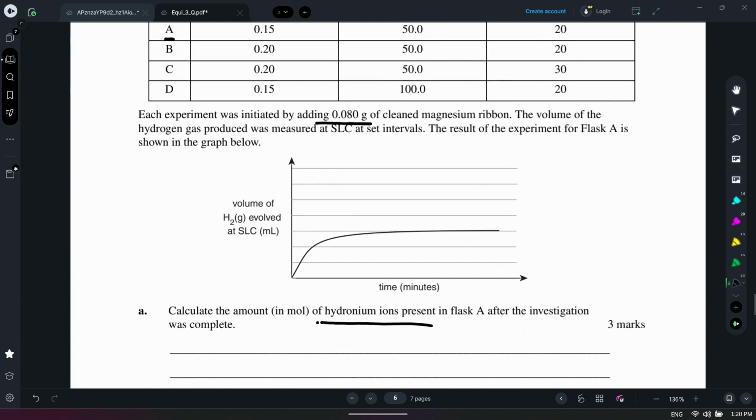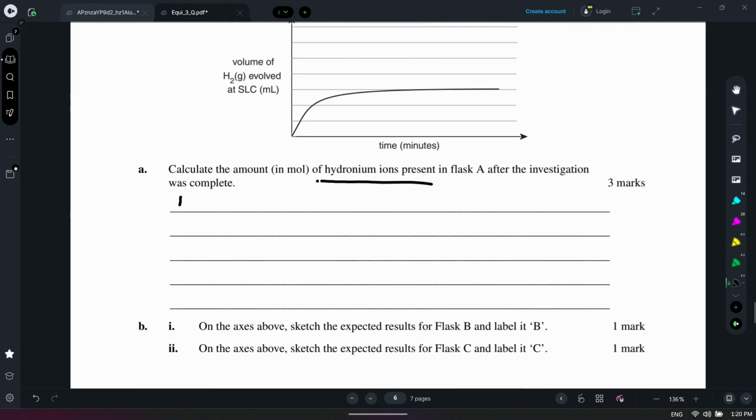So we have to assume that all the magnesium is used. Firstly, find out the number of moles of magnesium, because they say it has to be the leftover. Why? Because they say calculate the amount of moles of hydronium ion present. So magnesium should be the limiting reagent. So find out the number of moles of magnesium used, which is the limiting.